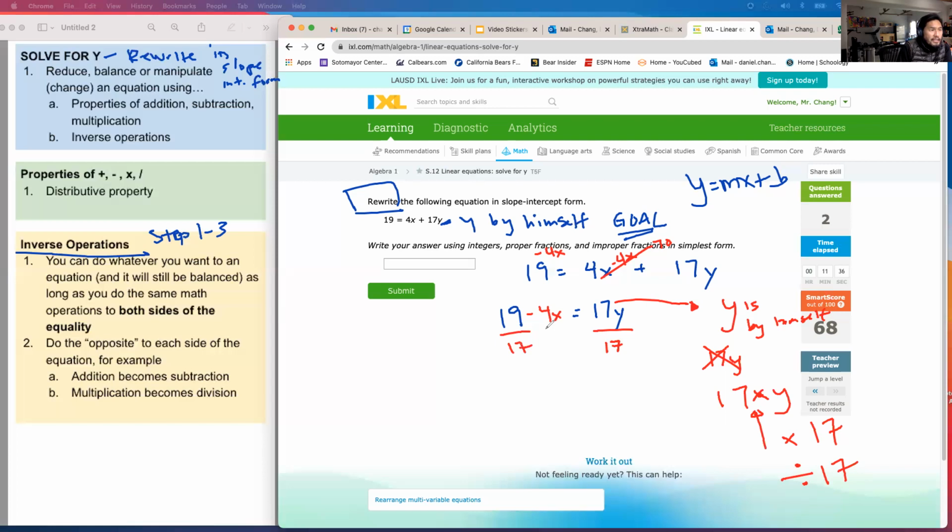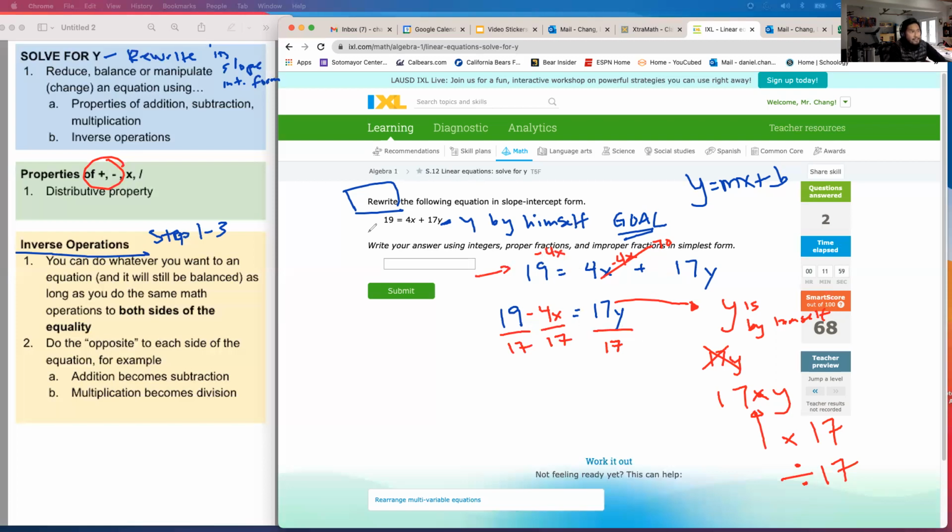And here's the thing that I think may trip people up. If you noticed between this example and my previous examples, when I'm doing addition or subtraction, like right up here, when I subtracted 4x from the right side of the equation, it was just 19 minus 4x.